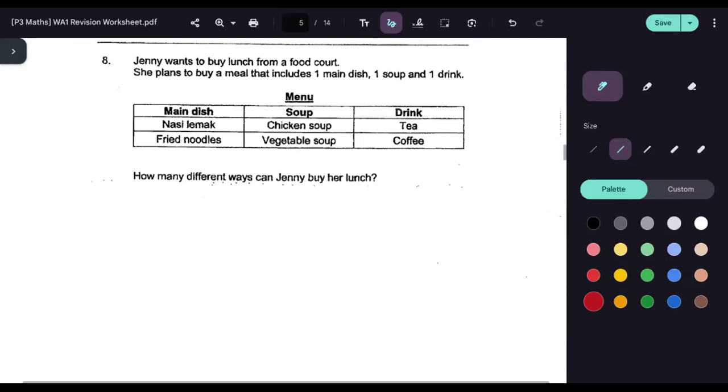Okay, wait, this thing a bit slow, so hold on for a bit. I hope it's okay. Okay, wait, let me change to another one.